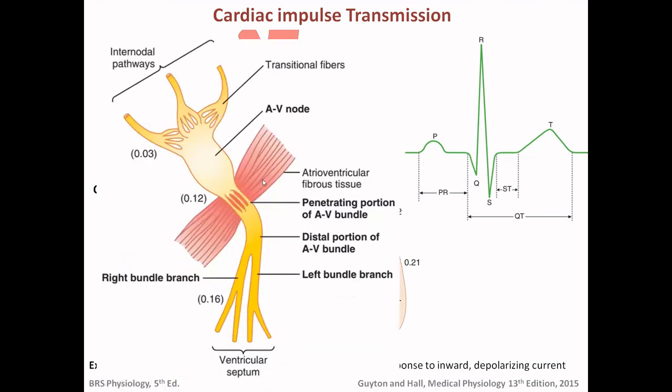So this is the delay. This is the atrioventricular fibrous tissue, and this penetrating portion of the AV bundle takes 0.04 seconds. And in this AV node, it is 0.09 seconds. So there is a delay in the transfer of the information because there is a diminished number of gap junctions in the AV node and in this penetrating portion of the AV bundle.